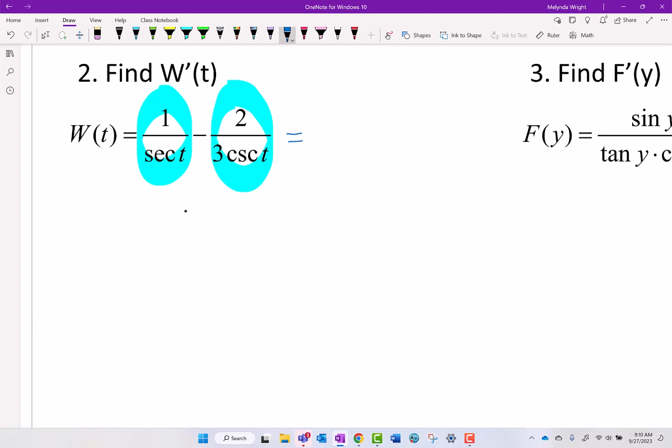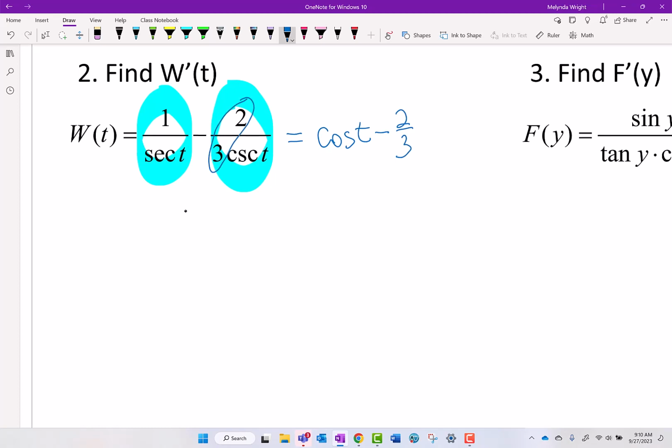So I'm going to change 1 over secant. We know from our pre-cal work, our trigonometry work, that 1 over secant is the same thing as cosine. So I'm going to change this to be cosine t minus, and I've got the 2/3. 2/3 is just a fraction.